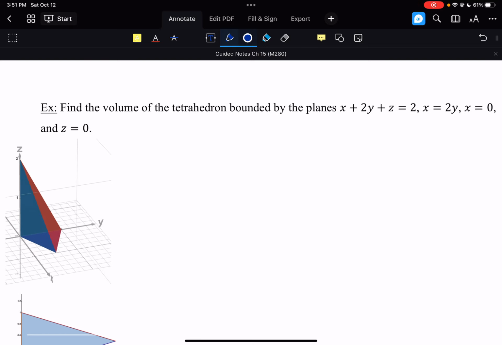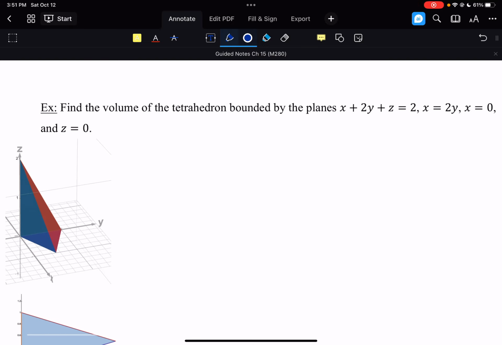So I have the 3D graph of it right here just so we can visualize it, but I also have it interactive over here. So you can see the red plane on top, the one that we're facing right now, that is x plus 2y plus z equals 2.